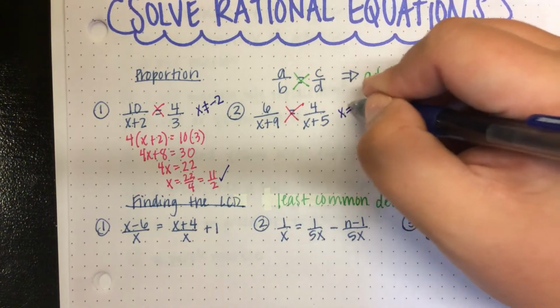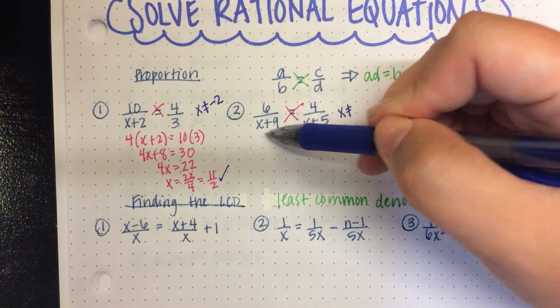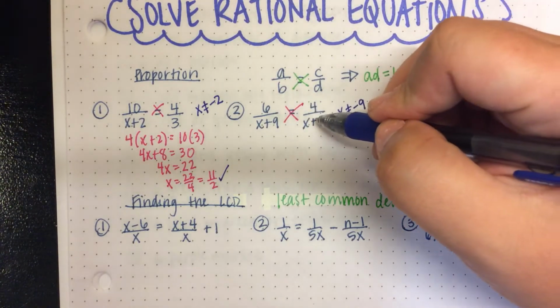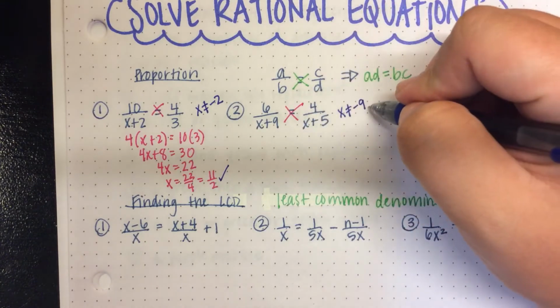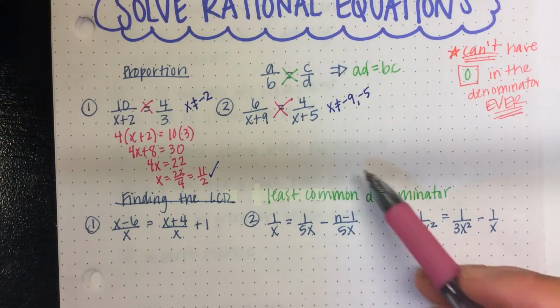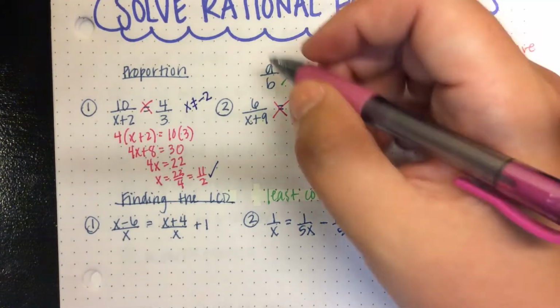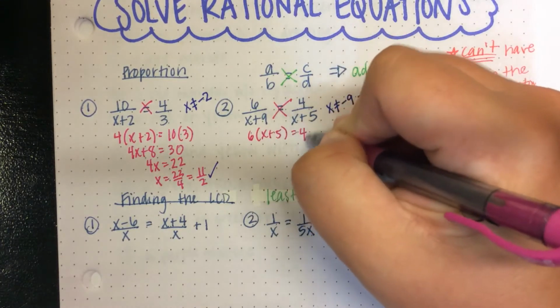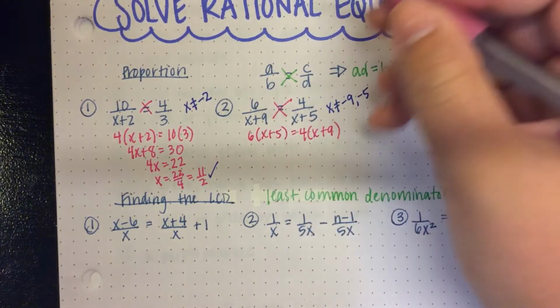All right, for the next one, we're going to cross multiply, but before we do, I'm going to figure out my excluded values. So to make this denominator 0, I would have a -9, so I can't have a -9, and I have another X over here, and a -5 would make that 0. So I'm going to solve like normal, but I just got to make sure I don't get a -9 or a -5. So I got 6 times X plus 5 and a 4 times X plus 9.